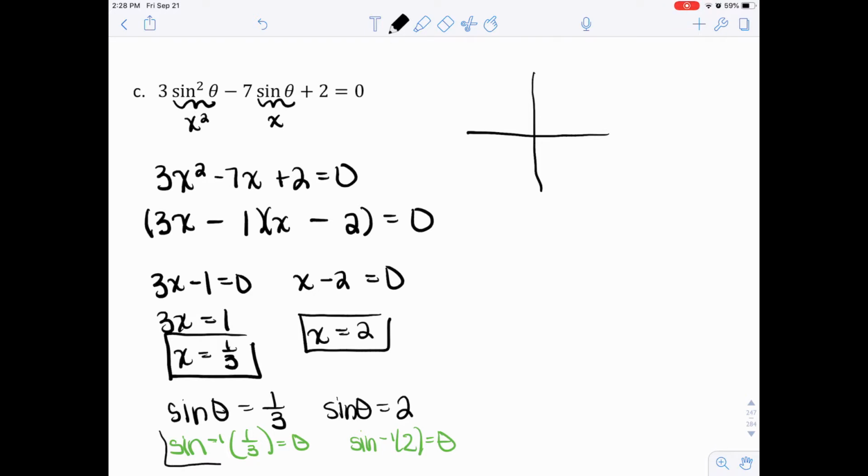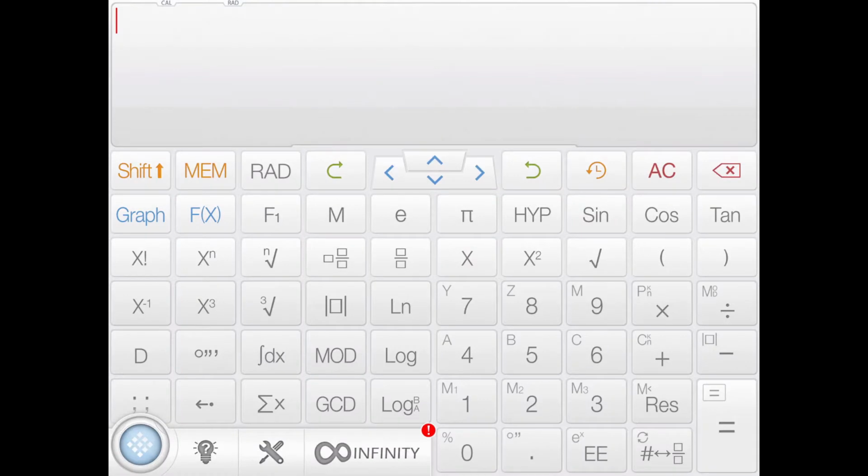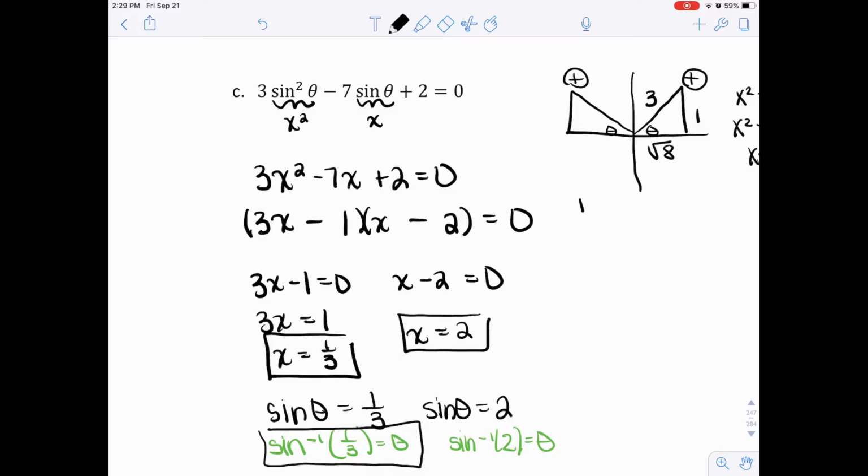Before I use the calculator for sine inverse of 1/3, I just want to identify the quadrants. The sine value is positive, and sine is positive in quadrant 1 and quadrant 2. Plugging sine inverse of 1/3 into the calculator gives a reference angle of 0.34 radians. Then I can use the reference angle to find the actual angles.